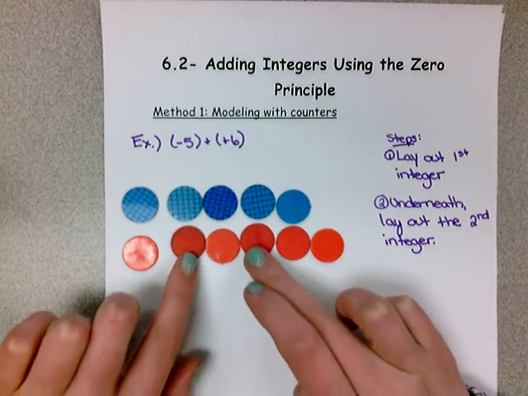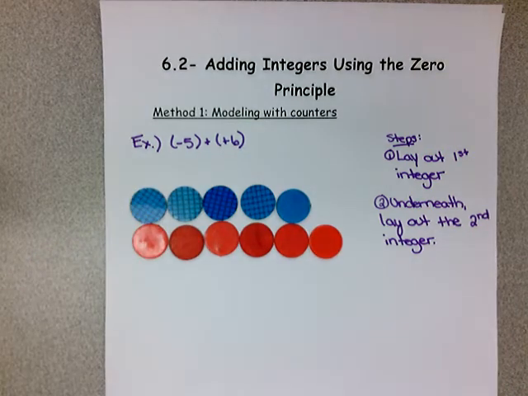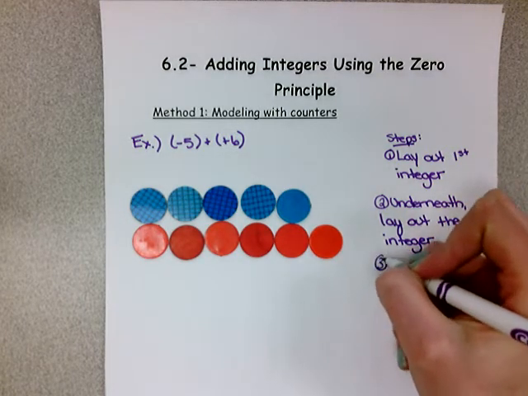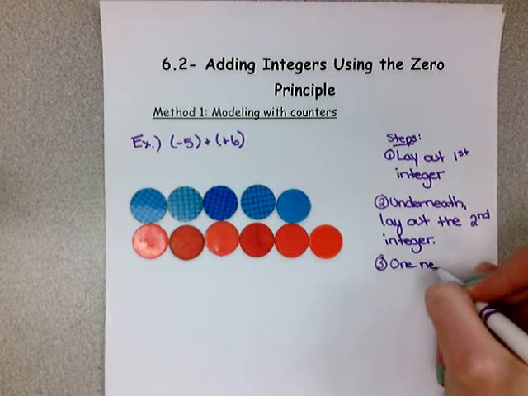If you line them up nicely, this is going to make a little bit more sense to you. Now, using the zero principle, we know that one negative cancels out one positive. So step 3 is one negative cancels out one positive.